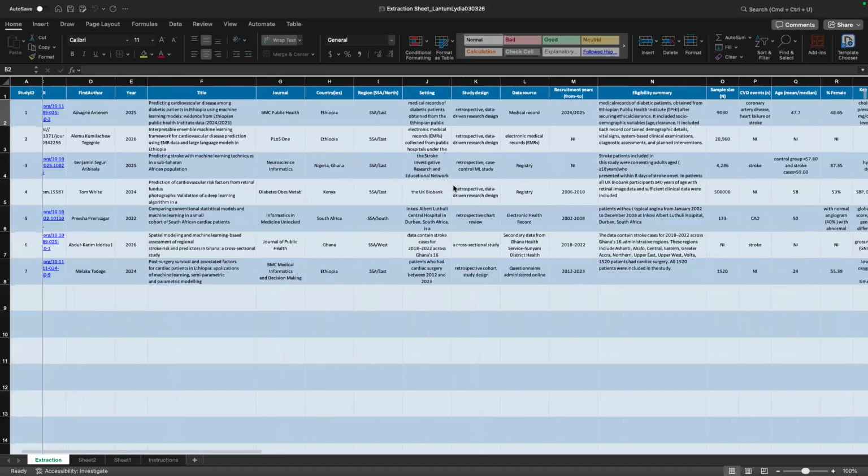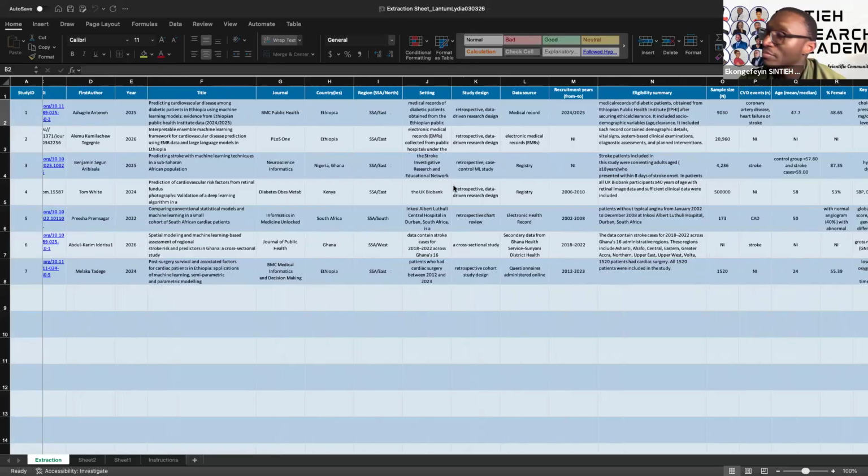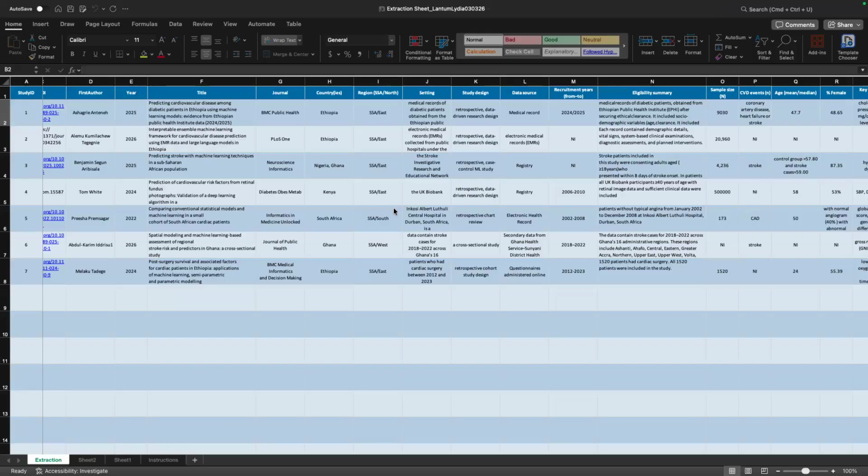At first, I thought it was just sub-Saharan Africa, but apparently you have to put the specific region as well, because we're in sub-Saharan Africa already. The issue with setting: I understood that setting had to do with where the data was coming from.